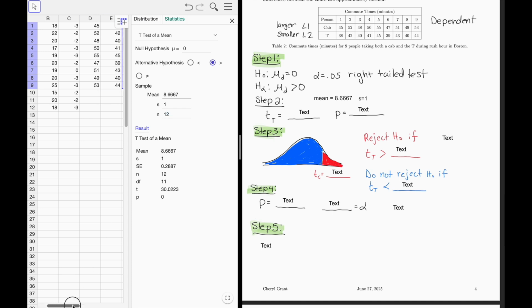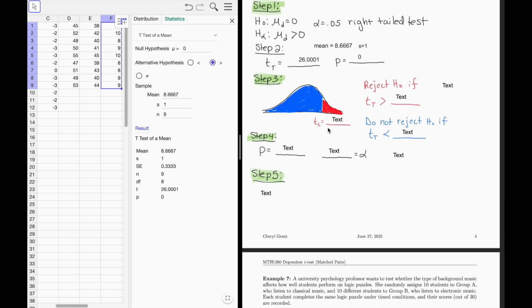If I scooch over, you can see that in D, E, and F, I have 9 pairs. All right, so we have a test statistic of 26.0001, and we have a p-value of 0.